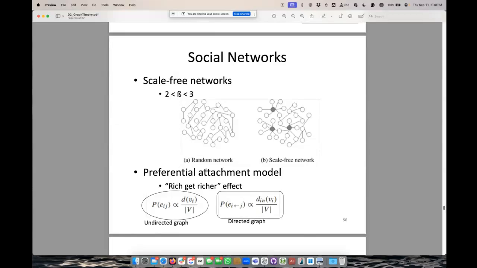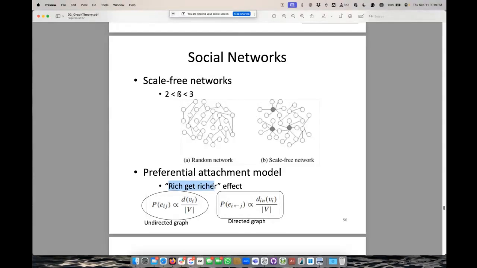The way we connect with others also follows something called preferential attachment. We want to connect with those who we know or who already have a lot of connections. So we try to follow, let's say, opinion leaders or experts in certain topics, right? That also translates to the rich get richer effect.